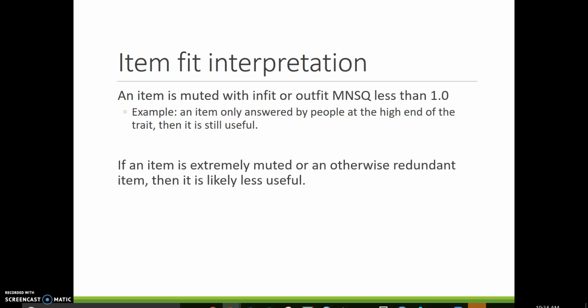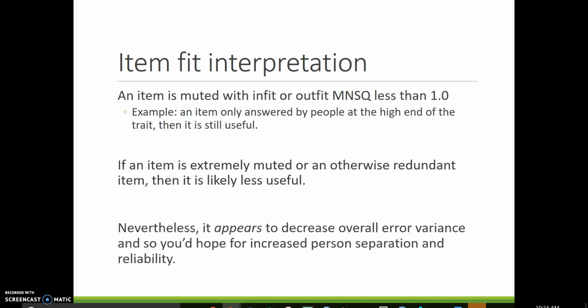If an item is extremely muted or otherwise redundant, especially if they are side by side on our ruler, then it's probably less useful. It can appear to decrease the overall variance, and so you'd hope for an increase in person separation. So if you have mean squares that are less than 1, but not less than 0.5, it's still useful. If we get really low, it gets less useful unless you have an increased person separation.